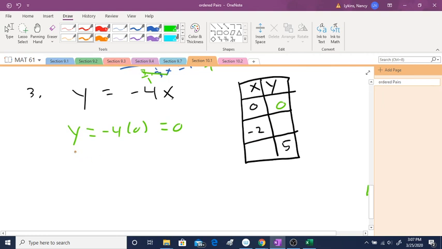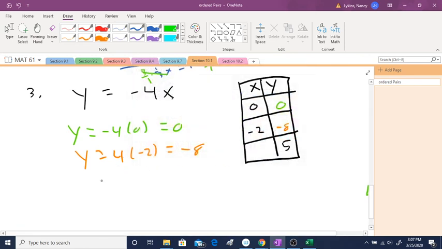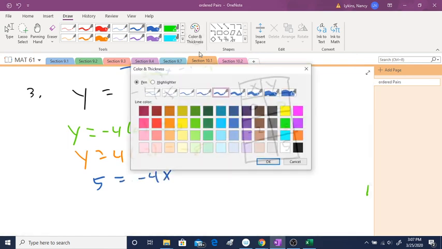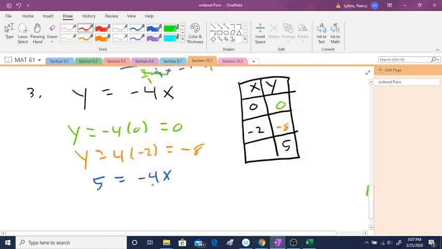Then the next one, y equals negative 4 times negative 2, which in this case is 8. And finally, I'm going to put 5 in for y. So 5 equals negative 4x. Solve for x by dividing by negative 4. So x equals 5 fourths, and it's negative. So it's negative 5 fourths.